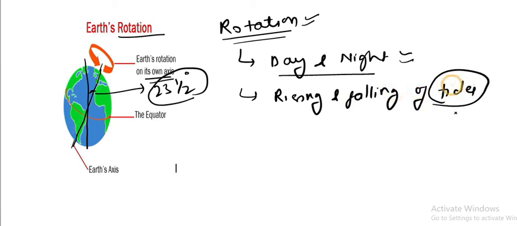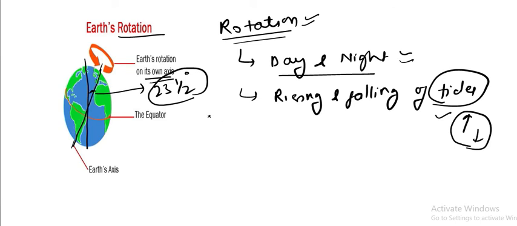You know that tides are the movement of the sea water. In a day, the sea water generally rises and falls 2 times. So this is called tides. So rotation also plays a role in the tides. So this is about rotation.